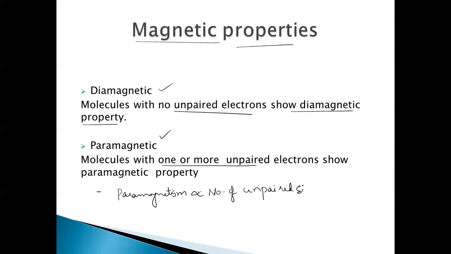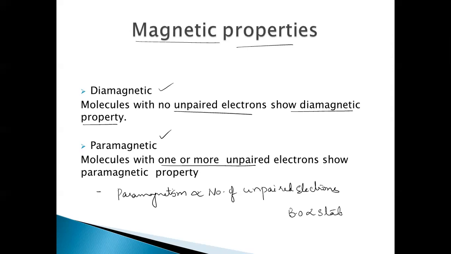To sum up, we have seen how these molecular characteristics can be explained based on the filling of electrons in increasing order of the energy of the molecular orbitals. We have seen that the bond order can be calculated with the formula half into the number of electrons in bonding molecular orbitals minus the number of electrons in anti-bonding molecular orbitals, and bond order is directly proportional to the stability.